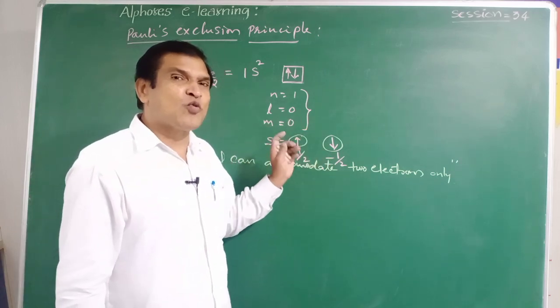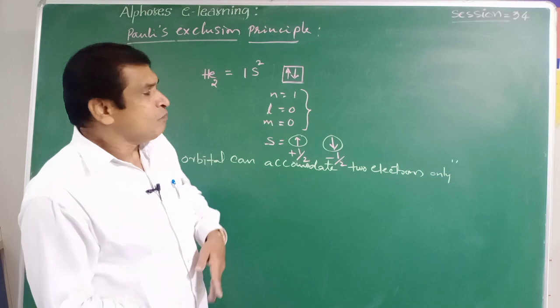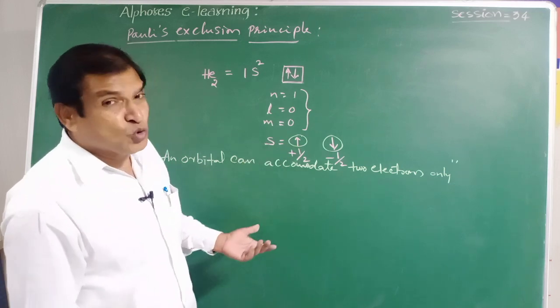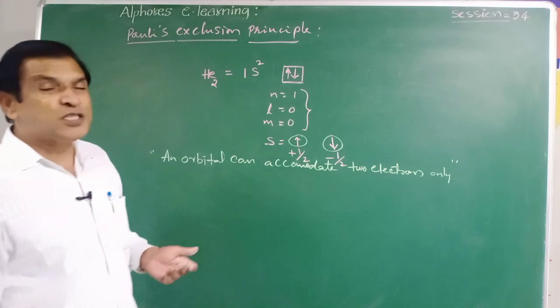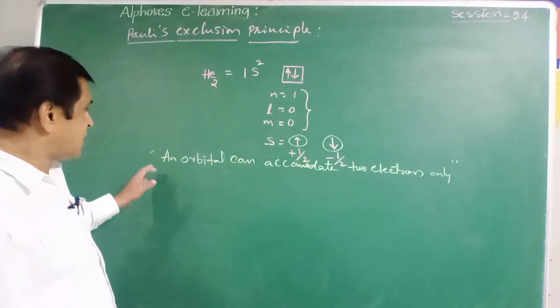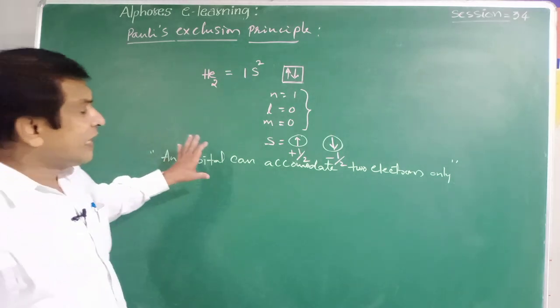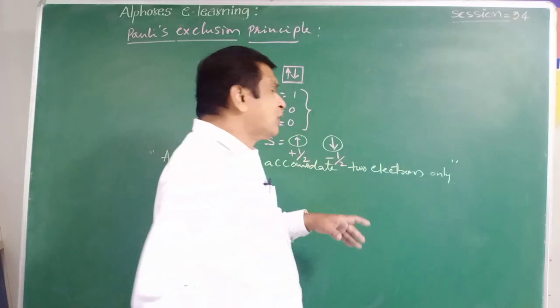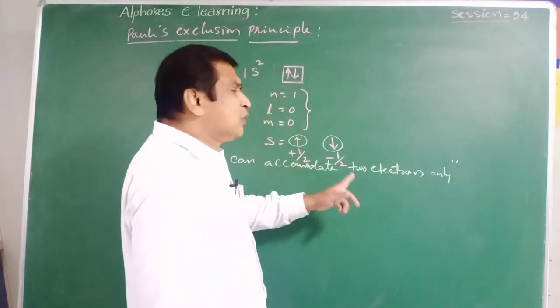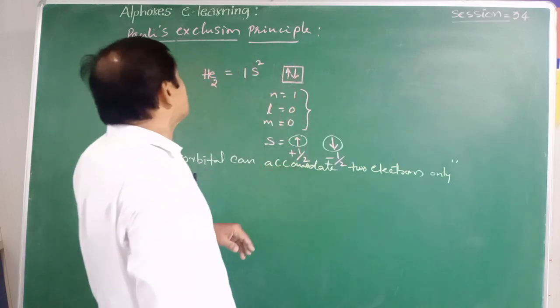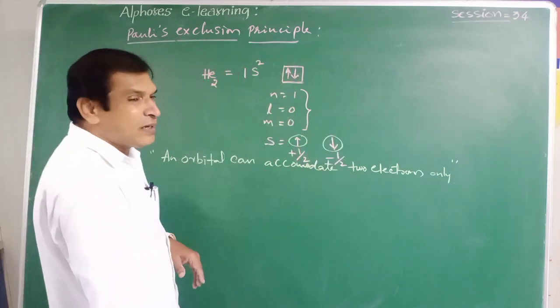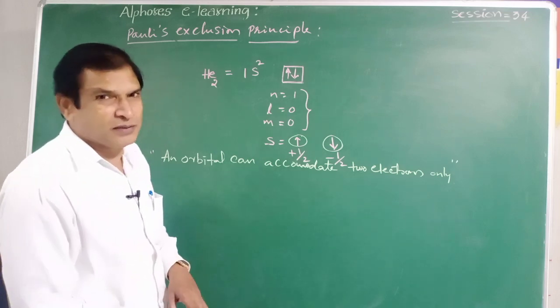As only 2 spin quantum number values are allowed in the orbital, Pauli's principle can also be stated as: an orbital can accommodate a maximum of only 2 electrons. That is Pauli's principle. Statement and explanation are done.